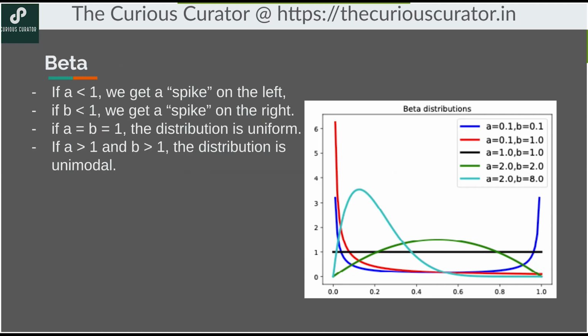Now, there may be a use case where you're trying to learn the topics. So let's say the topic is electronics or computer science or something. So if it's electronics, there are very few words which will have a very high probability for the topic electronics, right? So most of the words in a dictionary should have very close to 0 probability.